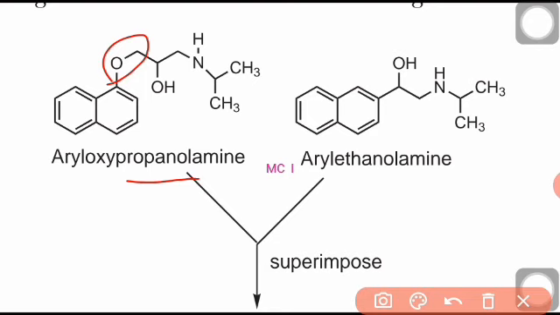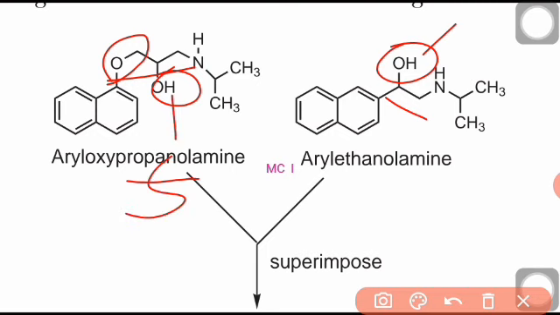Even then they have a different structure, as visually seen. This is 3 carbon and this is 2 carbon, and the OH is down here and it is above here. To put it in technical terms, this is the R isomer and this is the S isomer.